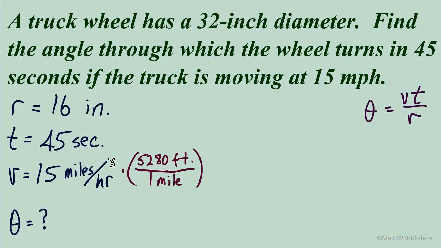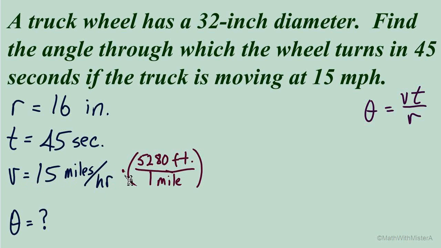I'm already getting started with my unit conversion now. I've got miles per hour, and here inches and seconds. So the units of distance have to match. Miles and inches are no good. I'm going to go from the big unit miles down to the small unit inches. And I'm also going to change my hour down to seconds.